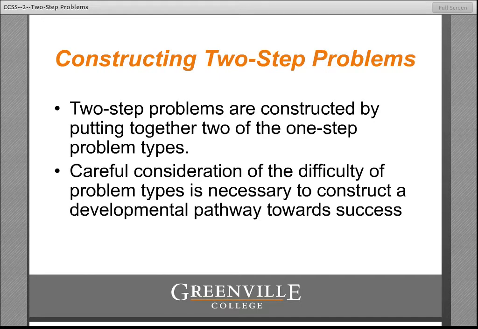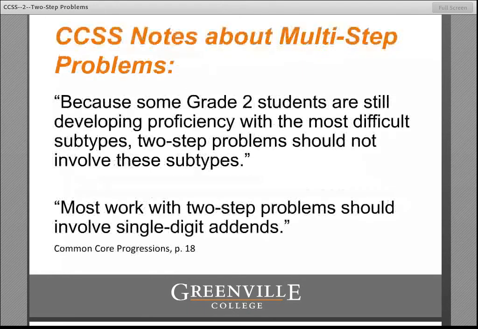Another issue that we also need to be aware of, and this is mentioned in the Common Core progressions as well, is that for students who have not yet mastered a particular problem type as a one-step, that problem type is not very useful for a two-step, and especially the difficult problems.